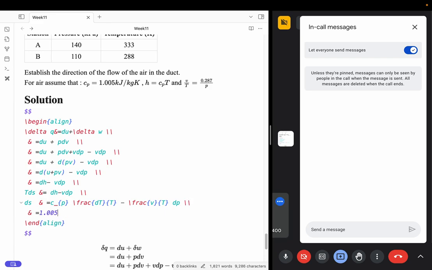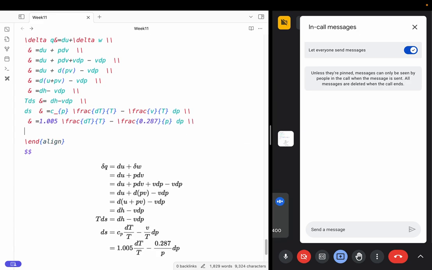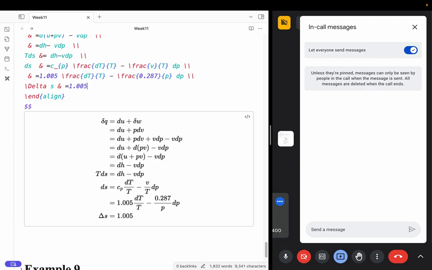Cp is also given. So now you can do the integration and tell me what is the value of delta S you are getting. Just take care of the units.